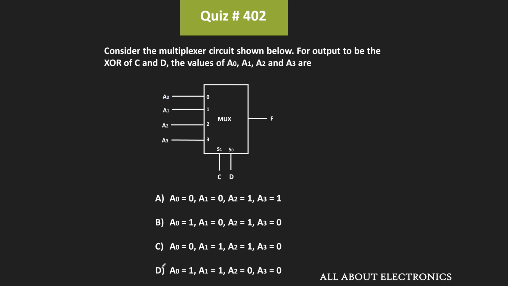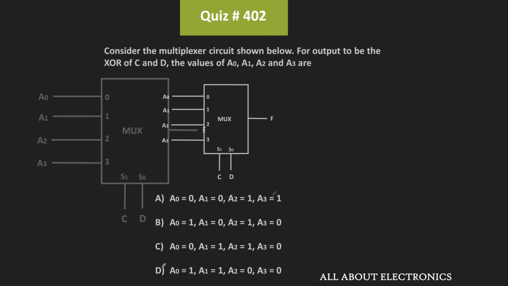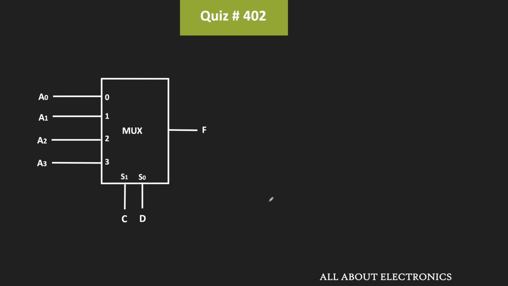So in this example also, we have been given the multiplexer circuit and we have been told that the output of this multiplexer is the XOR of the variables C and D. So here to get this output, we have been asked to find the values of the inputs A0, A1, A2 and A3. Once again, the given multiplexer is the 4x1 multiplexer and we have already seen the logic function of this 4x1 multiplexer.